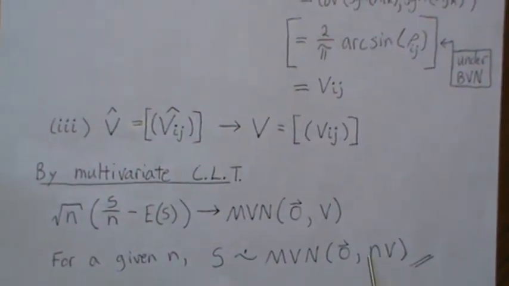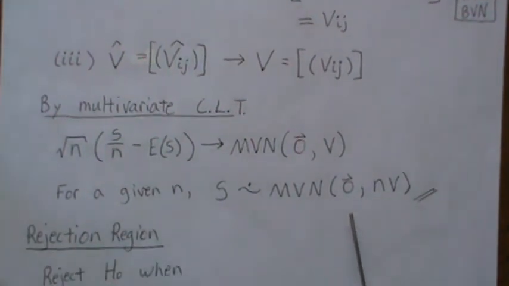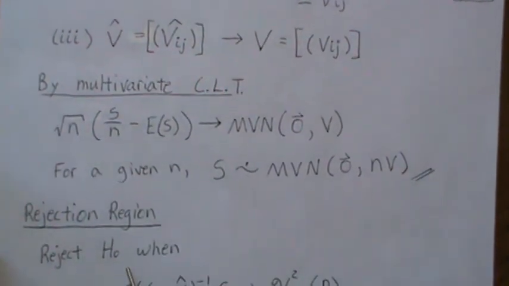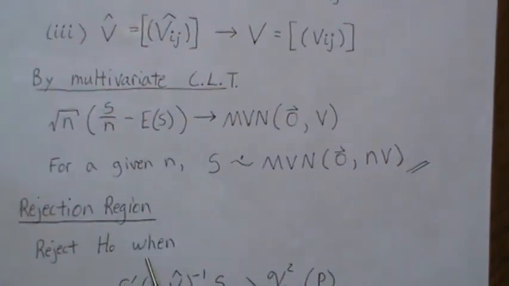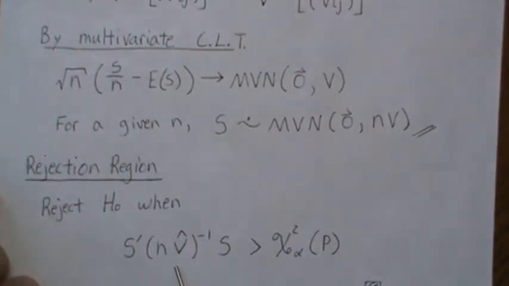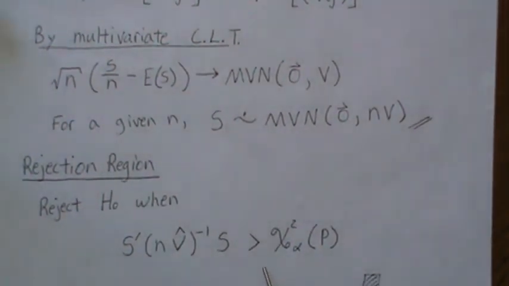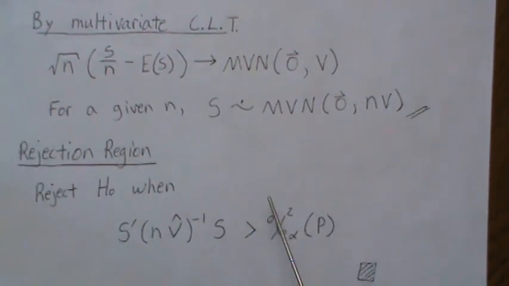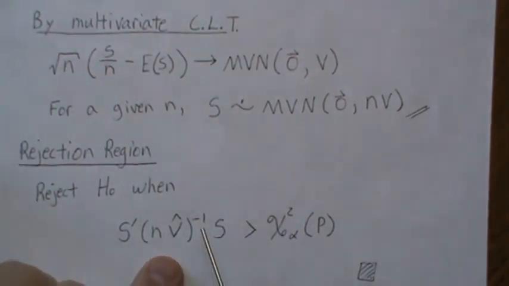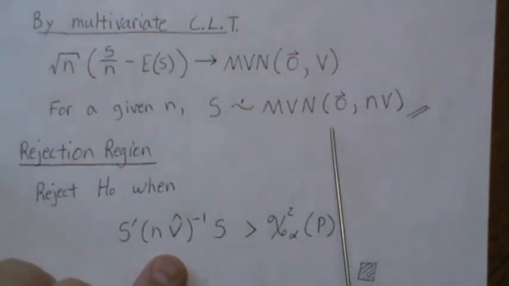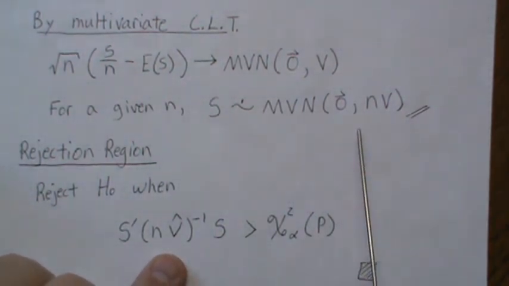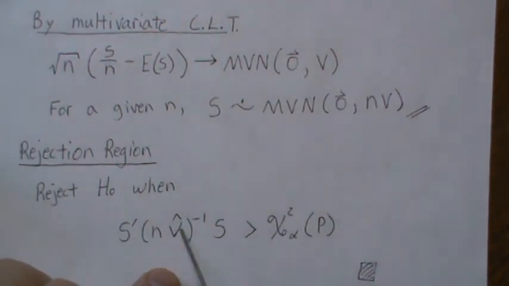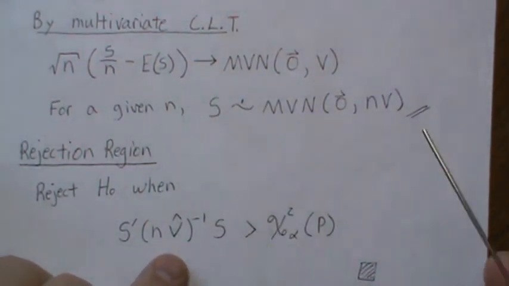So now that we know the distribution, we can find the rejection region. So we reject H naught when this value is greater than some chi-square distribution with p degrees of freedom. And here's another little note: I have a video in my quadratic forms playlist that shows that a quadratic form in a multivariate normal like this goes to a chi-square.